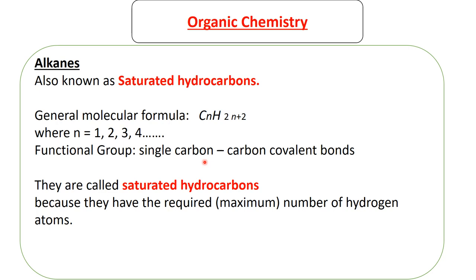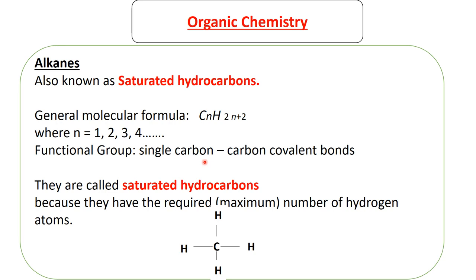Okay, so for alkanes, all the carbon atoms have 4 bonds, meaning that all of their bonds are occupied either by hydrogen atoms or carbon atoms. So what I'm trying to say is this: we can have this carbon atom, it will have these 4 bonds, and on each of the bonds there's going to be a hydrogen or a carbon atom, mostly hydrogen atoms.